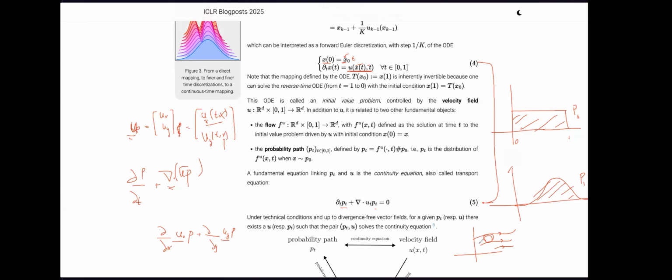Some particles are flowing in and some particles are flowing out. What is the net rate of particles flowing out? That's why it's called divergence. In a small area, are we getting net influx or net outflux? That's what it means.